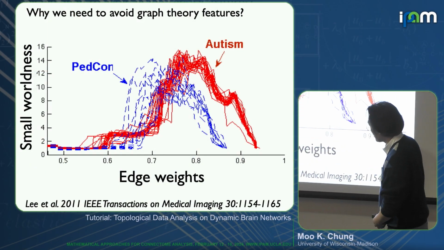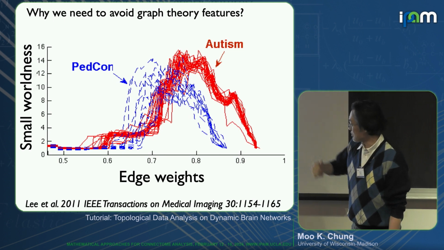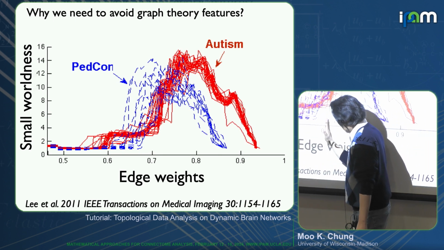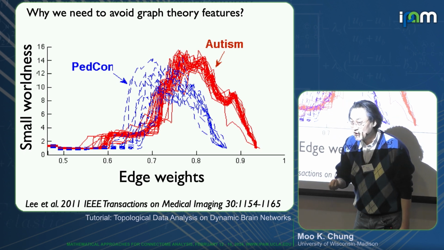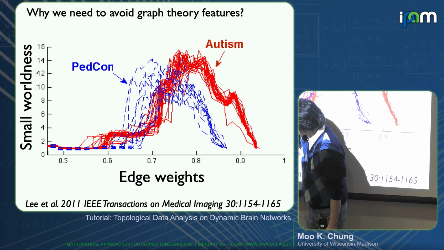Well, obviously you need some multi-scale, multi-filtration approach. So instead of thresholding the brain network at some certain threshold, why don't we not threshold it? Or equivalently, why don't we threshold at every possible threshold?